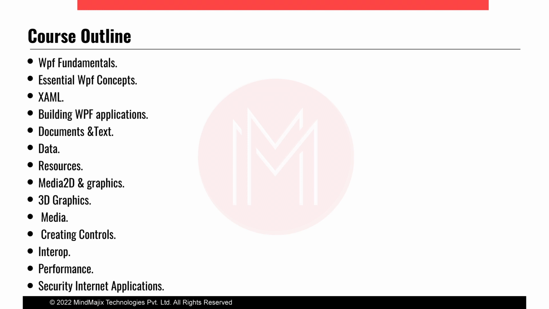So when you want to bind all the items in the list view, at that time we use item templates. Here we have some layouts. The first layout is the stack panel. When you want to arrange all the controls either horizontally or vertically, we use a stack panel.